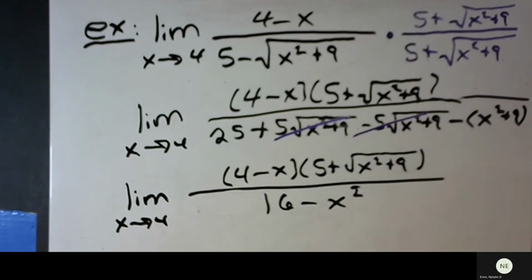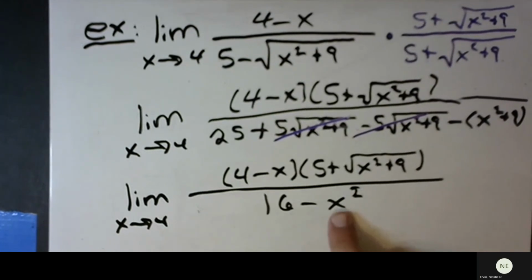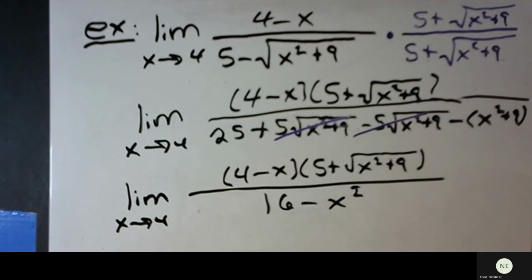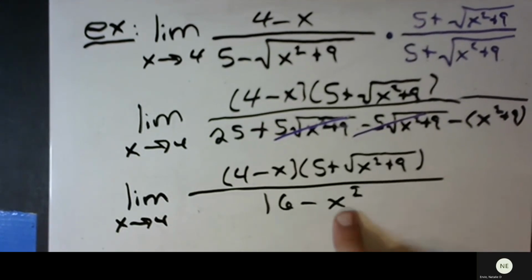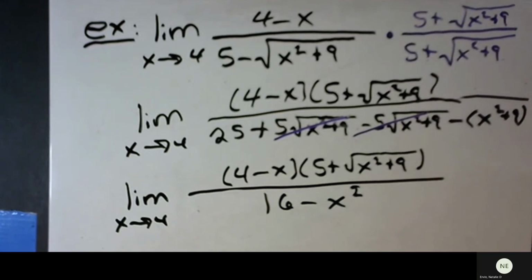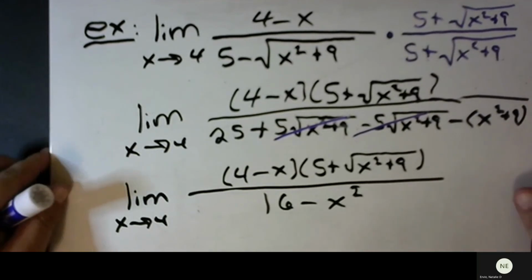Now we're still seemingly in trouble here, because if you put in the 4, you get 16 minus 16 is 0. But this is 4 squared, this is x squared. We have a difference of squares.